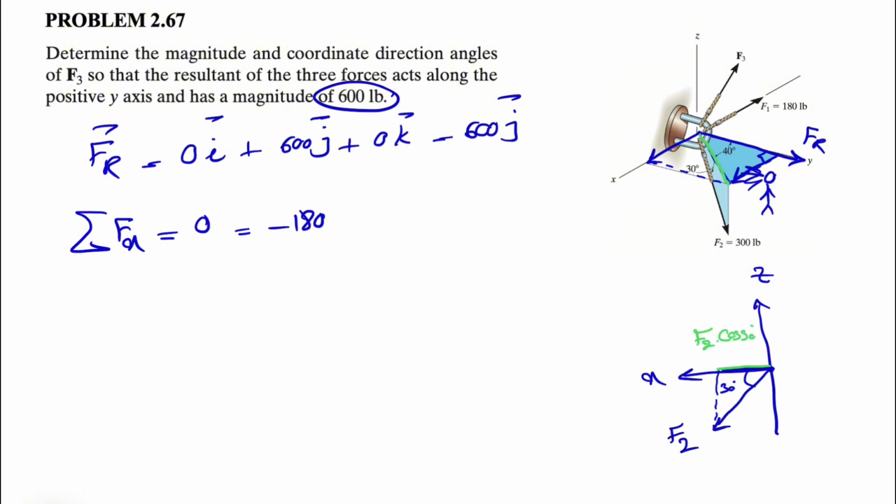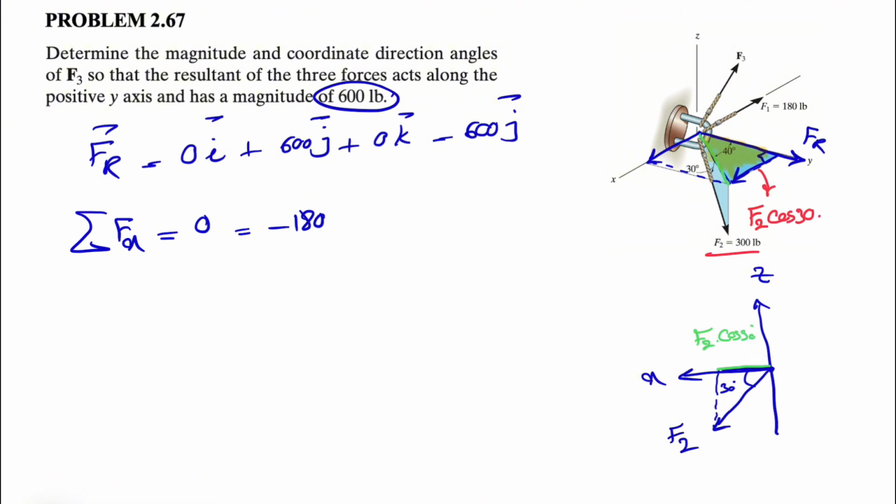Since this is a right angle, we have a right triangle, which I'm going to highlight in yellow. This side would be the hypotenuse, which is F2 cosine of 30 degrees.